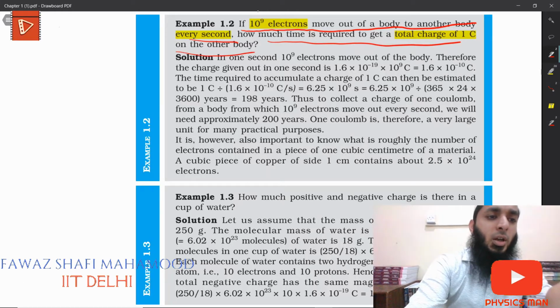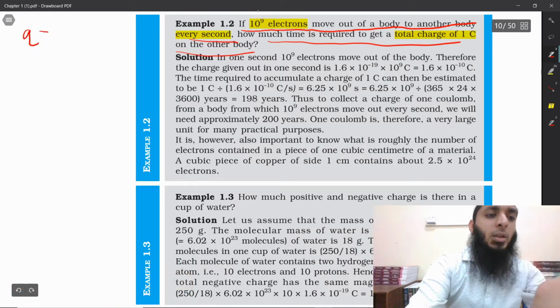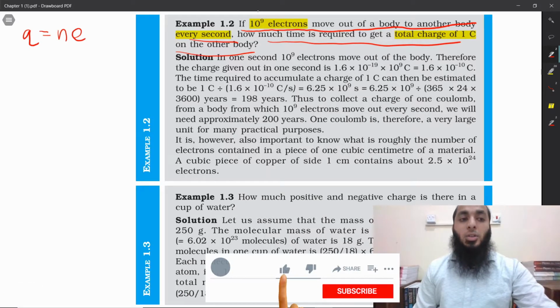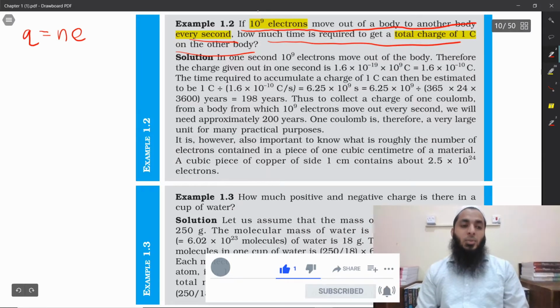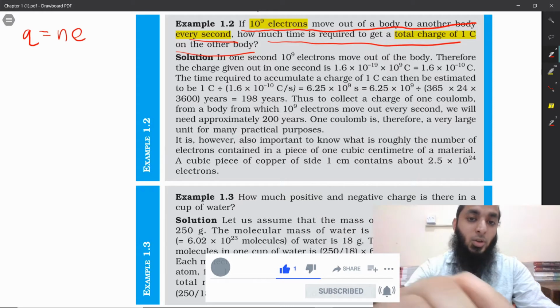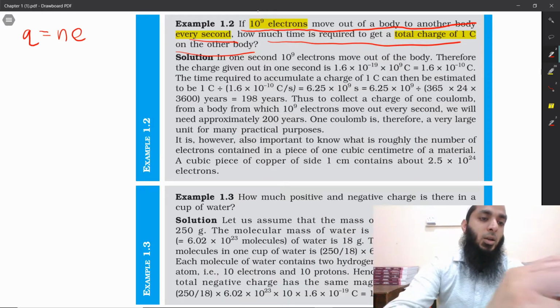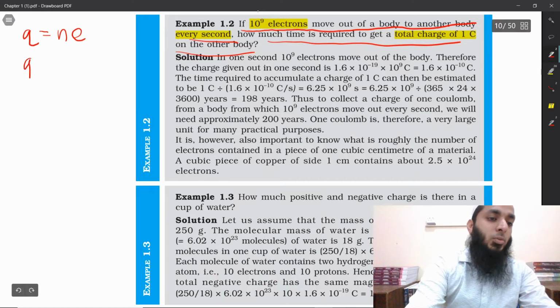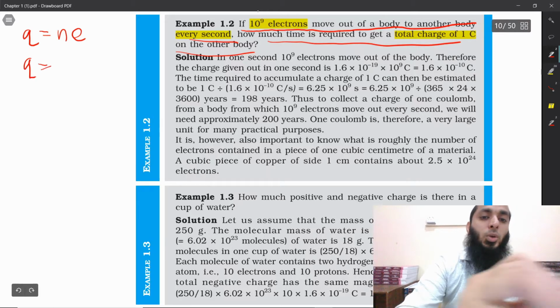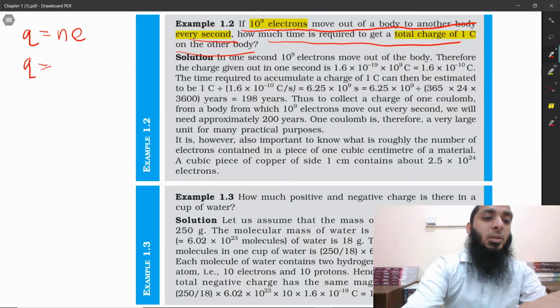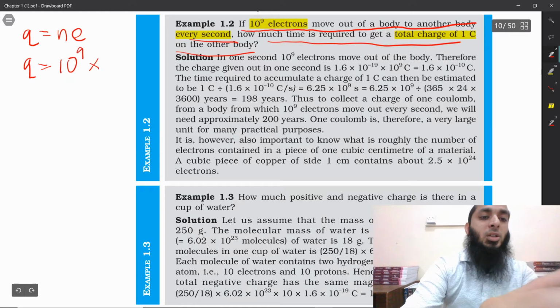We have already learned an equation Q is equal to NE, where here Q is not the total charge, it is the charge coming out per second, because here the number of electrons per second is given. So Q is equal to 10 raised to 9 multiplied by the charge of an electron, 1.6 into 10 raised to minus 19.